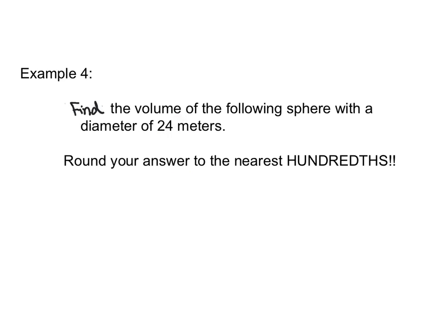All right, here is example number 4. It says find the volume of the sphere with a diameter of 24 inches. Remember that we have a diameter, right? So our radius is our diameter divided by 2. So we're going to take that diameter, 24, and divide it by 2.